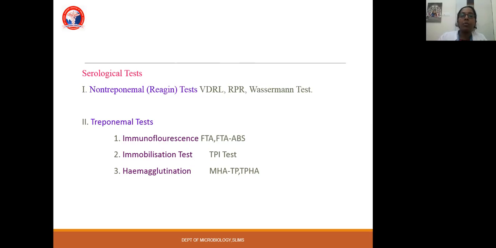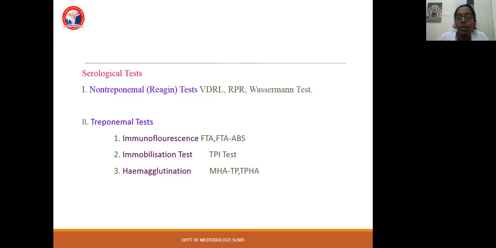We just add the fluorescent dye along with the antigen, and then we add the antibody. Once the antigen-antibody reaction occurs and it binds, there will be fluorescence. So this is the fluorescent Treponemal antibody absorption test.